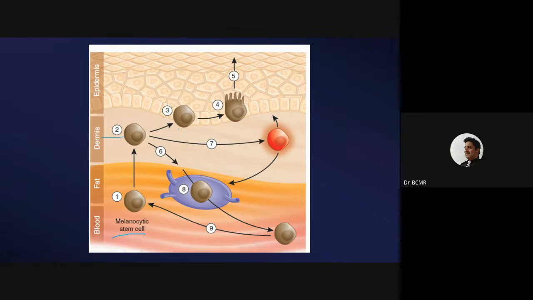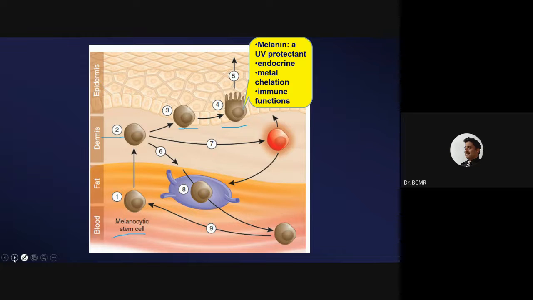And we have two different types of cells, the melanocytes, and those cells that have other functions to move around. So the melanocytes are the ones that produce the melanin that is important as a UV protectant. It may have other functions such as metal chelation, endocrine functions, and immune functions as well.